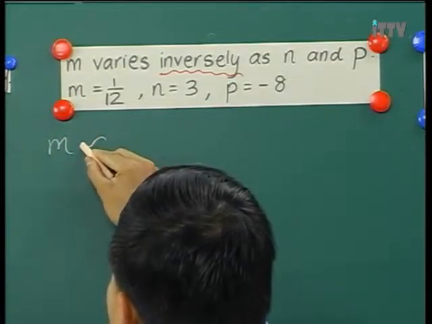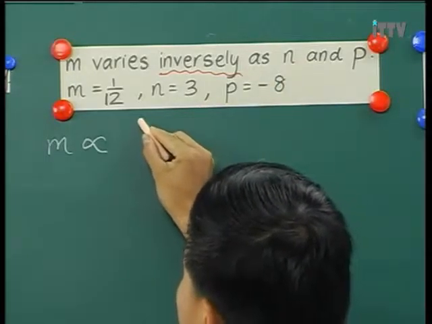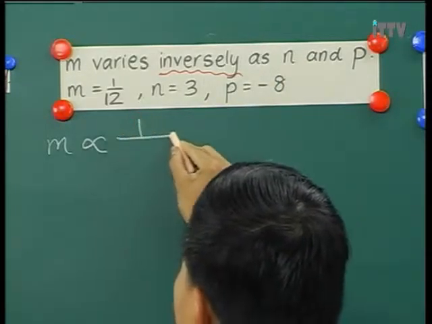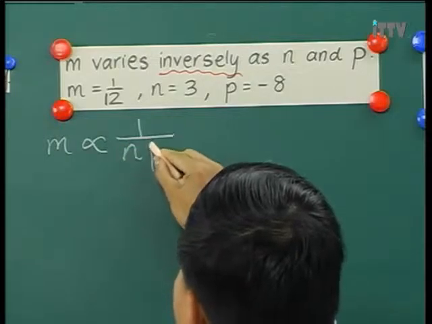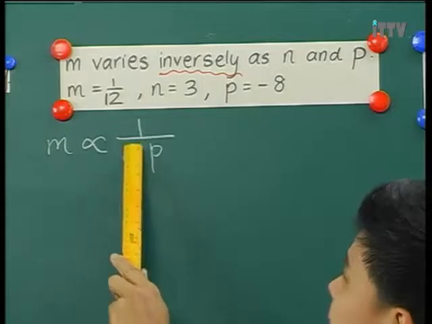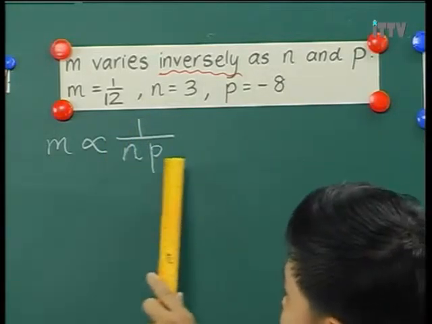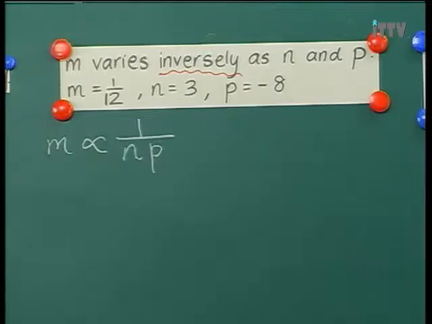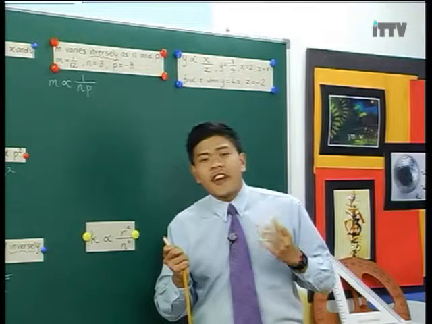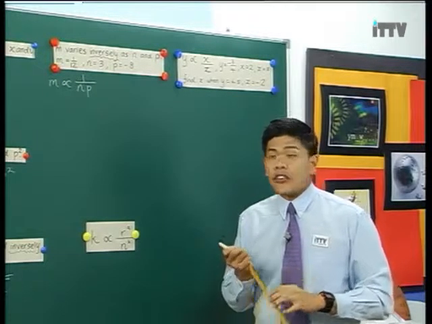So M varies inversely as N and P. Using the method just now, when you combine them, M varies as 1 over NP, because it varies as 1 over N and varies as 1 over P. Before we can solve and find values of variables, we must always find the constant of variation first.